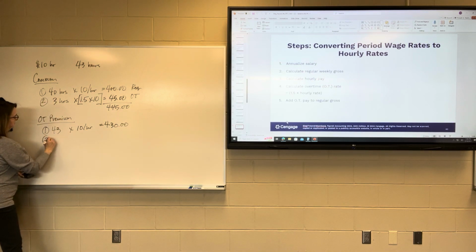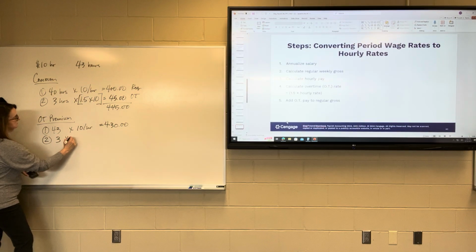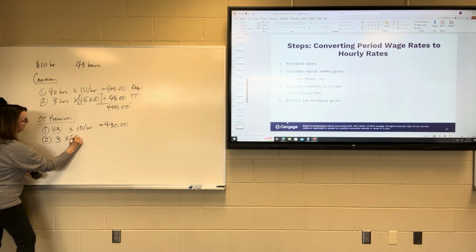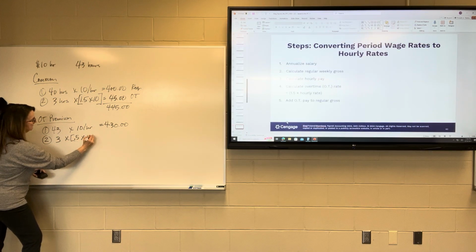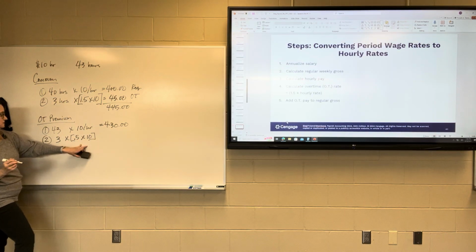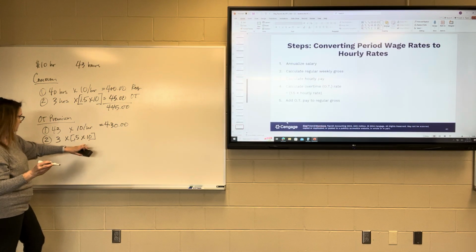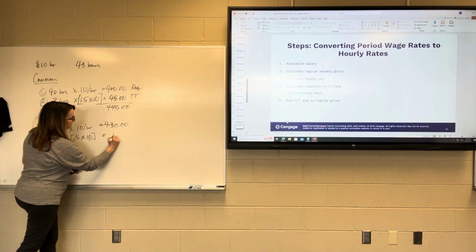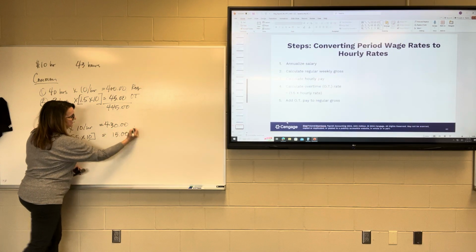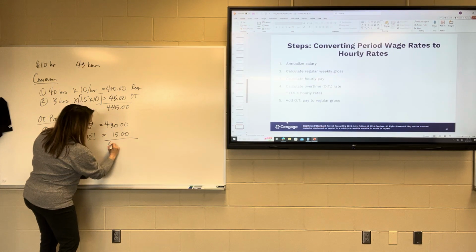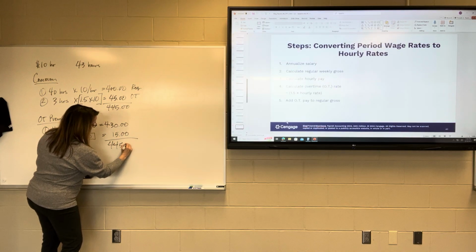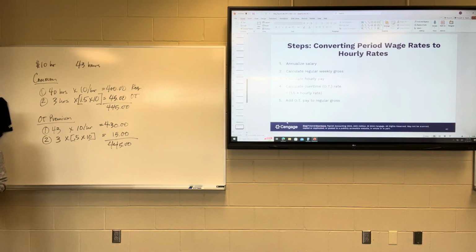And then the second step, we're going to take the 3 hours times 0.5, not 1.5, but 0.5 times 10, so 3 hours at $5 an hour is 15. We add those together, and we get $445.